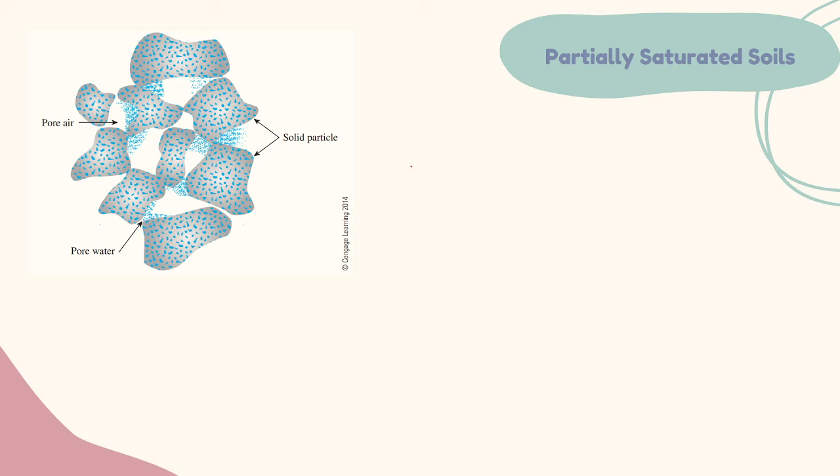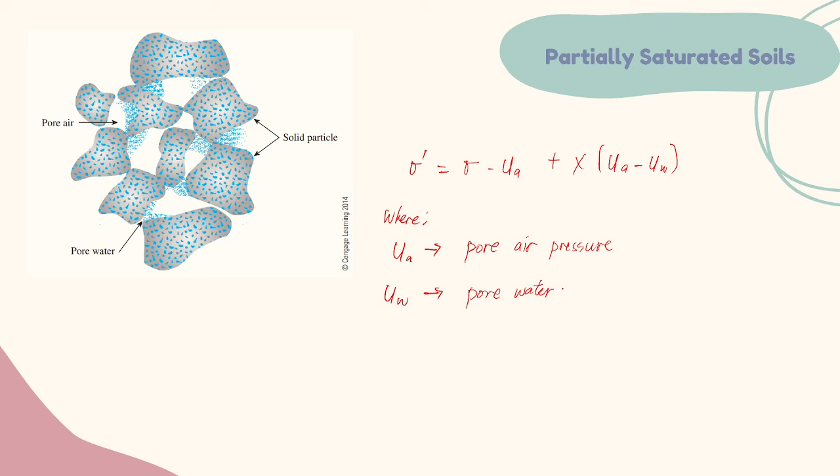According to Bishop et al., the effective stress in partially saturated soil is equal to the total stress minus U sub A plus X times U sub A minus U sub W, wherein U sub A is the pore air pressure and U sub W is the pore water pressure.